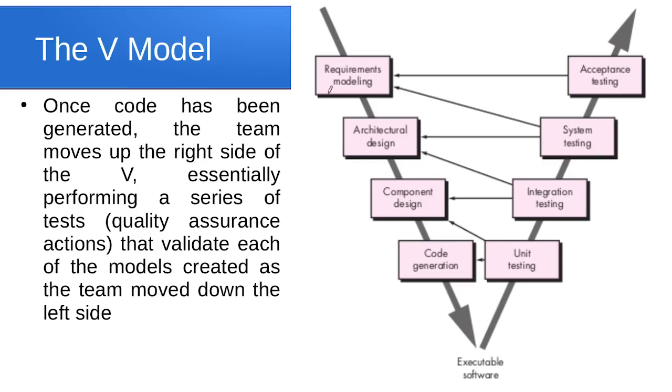After integration the whole system is ready and is tested, to see whether it is performing according to the requirements or not. After that there is acceptance testing, to see whether it is working according to the requirements and the customer is satisfied or not. So this is something about the V model.